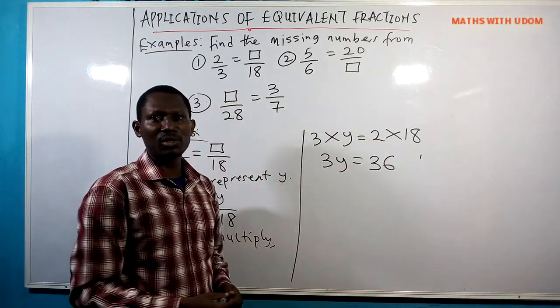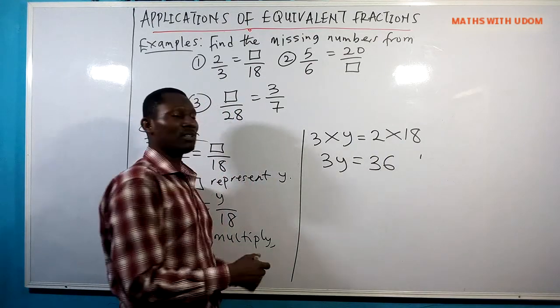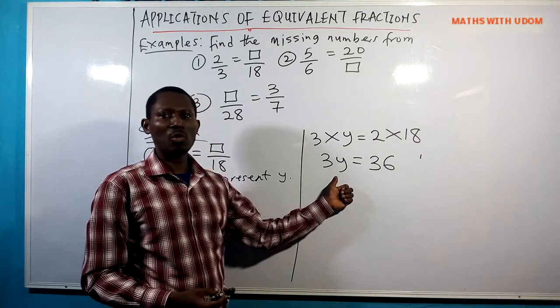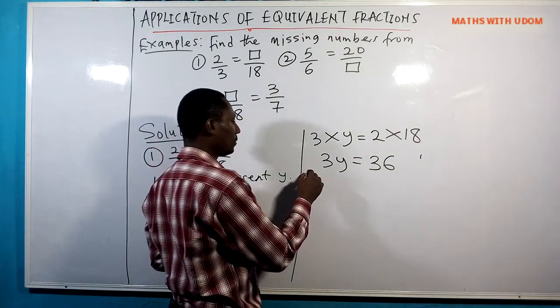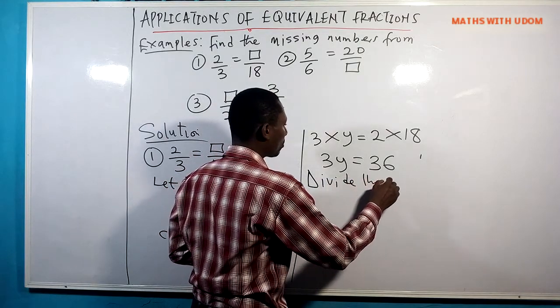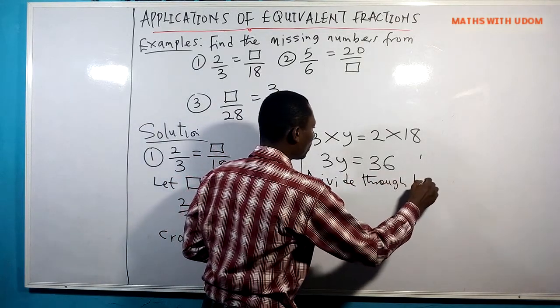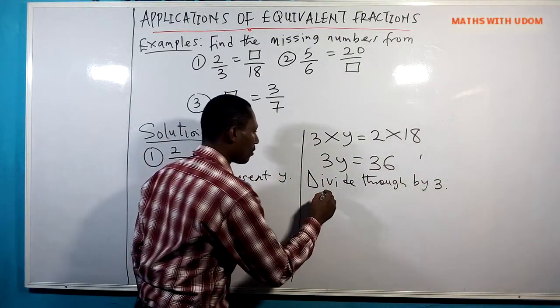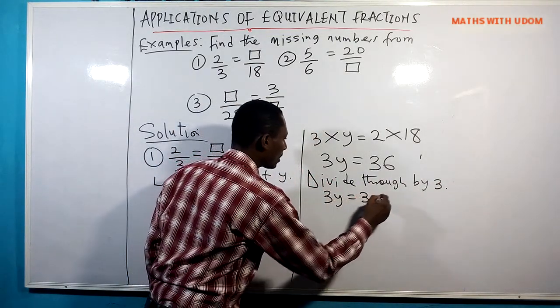The next thing is that we will divide both sides by the coefficient of the unknown. Y is the unknown we are looking for, so I will divide both sides by the coefficient, which is 3. We have 3Y equals 36.